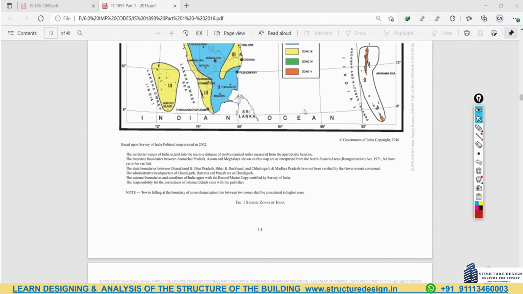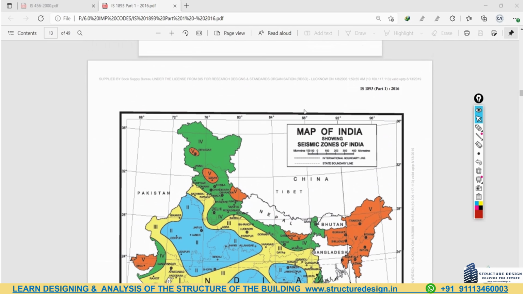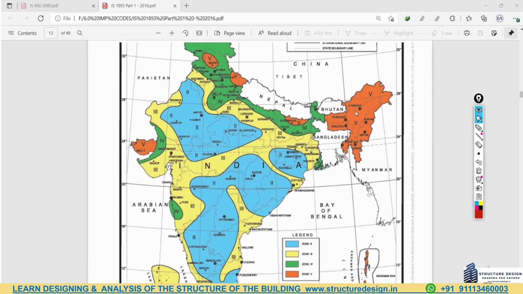According to this Indian standard, the upper part, like Delhi, and some parts of Ladakh, Jammu and Kashmir, will come under zone 4. Also, Bhuj in Gujarat will come in zone 5, and some parts of Guwahati, Imphal and so on will come under zone 5.